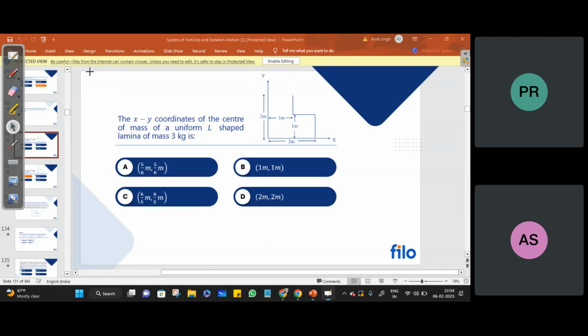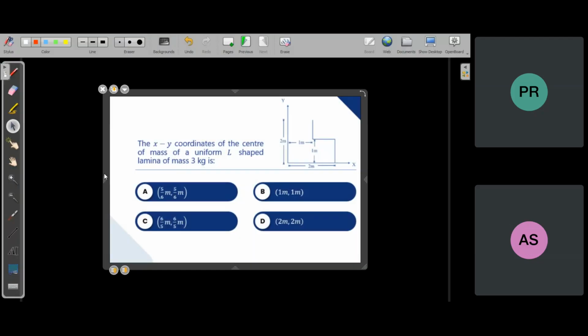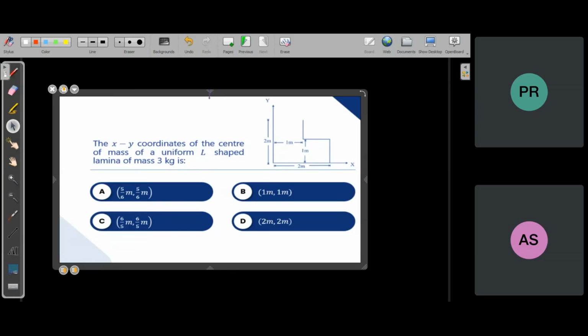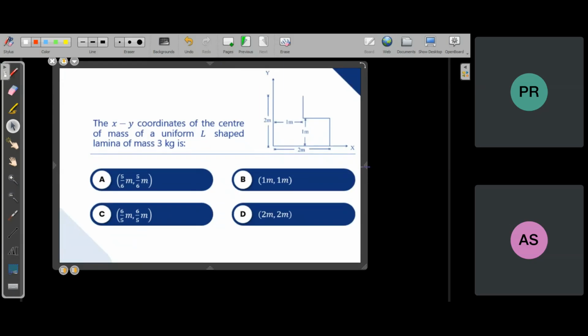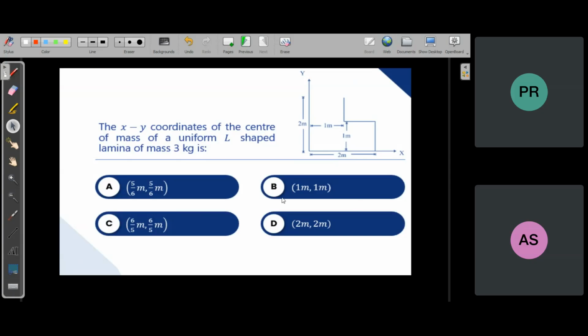For example, this is the question. Suppose in this question you can see the x and y coordinate of the center of mass of a uniform L-shaped lamina of mass 3 kg. So I think there is some problem in the diagram.